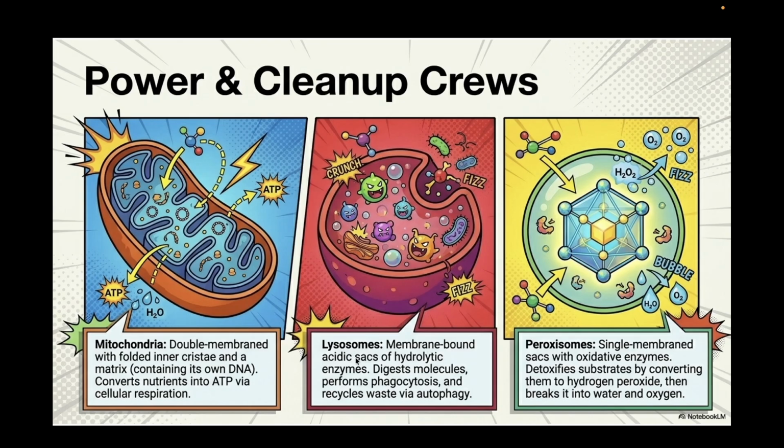Lysosome is also membrane bound, containing acidic hydrolytic enzymes which help in digesting molecules, phagocytosis and autophagy. Peroxisome is a single membrane organelle which contains oxidative enzymes. It helps in detoxification of substrates by converting them into hydrogen peroxide and breaking it into water and oxygen.